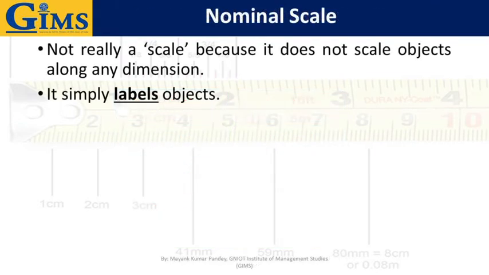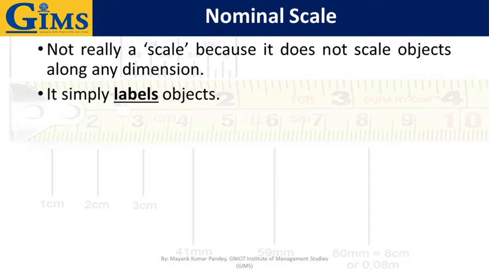Now come to nominal scale. As we already discussed, nominal scale has very few properties, and what it does is only assign a number to the variable, right? So nominal scale is not really a scale, because it does not scale objects along any dimension, because there is no dimension at all.